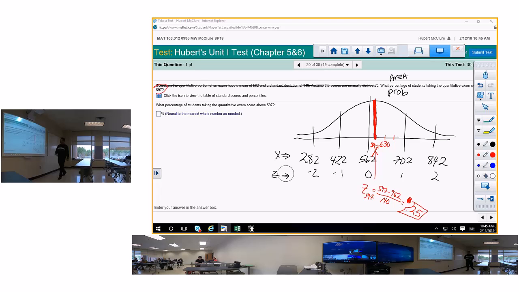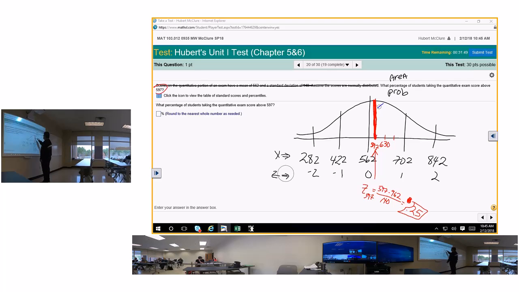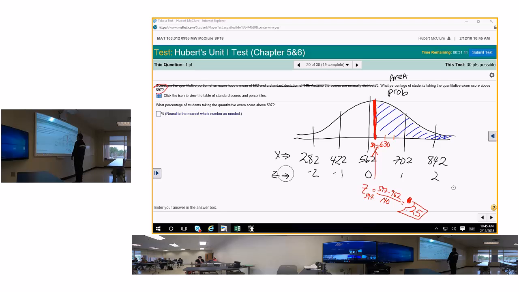So that's what we're looking for. If you have your calculator, you would type in normal CDF, and you would type in from 0.25 to 9999. Okay?